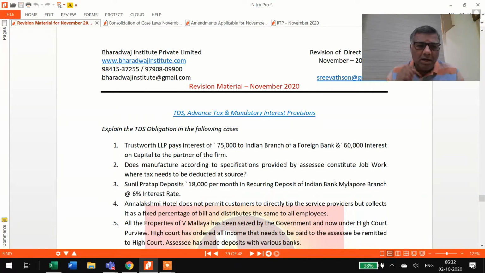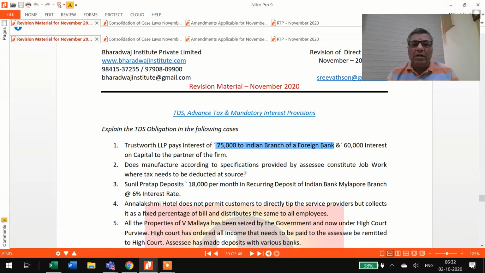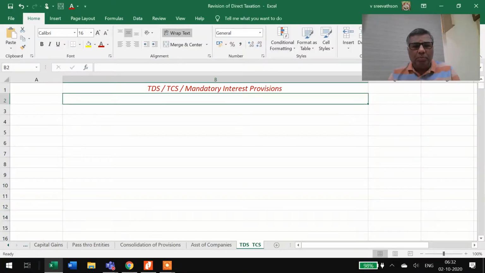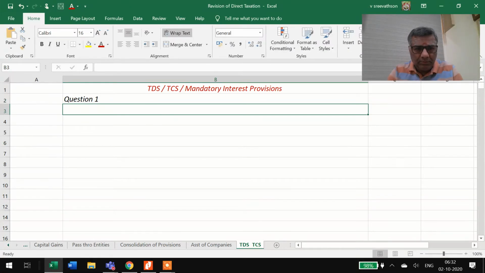Trustworth LLP pays interest of 75,000 to the Indian branch of a foreign bank and 60,000 on capital to partners of the firm. Interest payment.